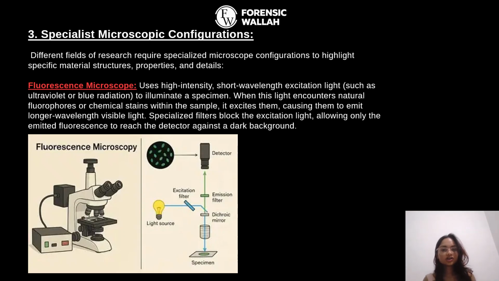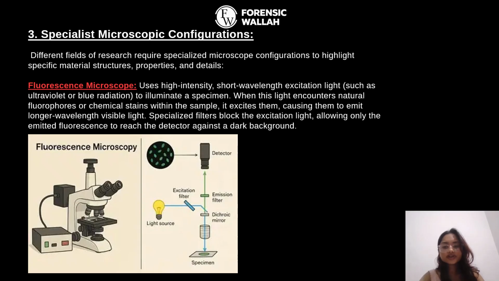When the energetic light encounters natural fluorophores or targeted chemical stains within the sample, it excites their electrons to higher energy levels. As these electrons drop back down to their ground state, they release that energy by emitting a longer wavelength, lower energy visible light.